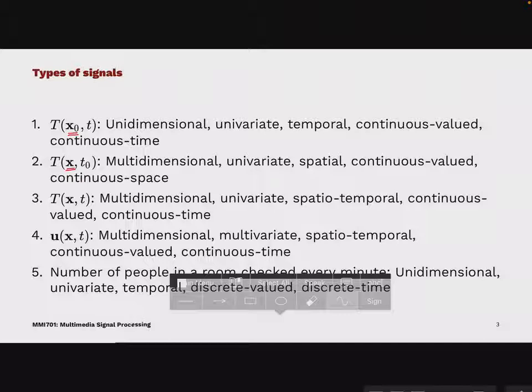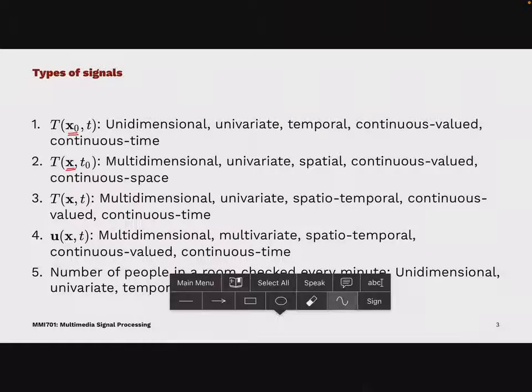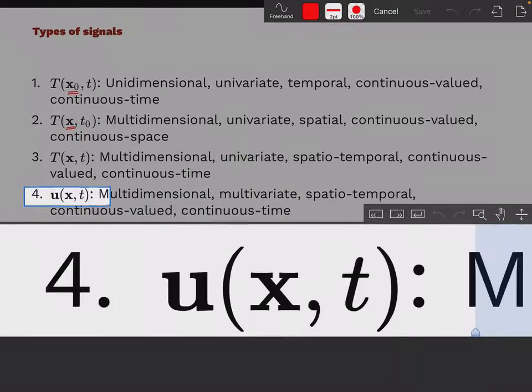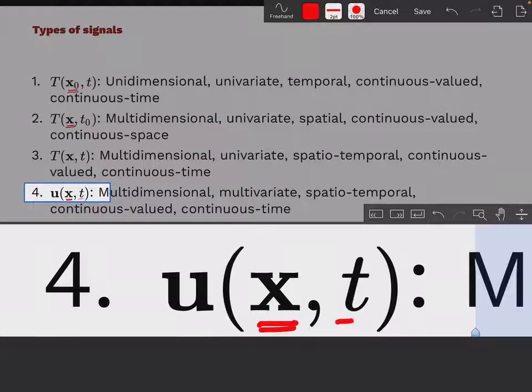And if you're measuring our particle velocity signal at each point in space and at all times, then we have a spatiotemporal signal which is continuous valued, continuous time, and it's multidimensional and multivariate. By the way, in this course I'm going to use bold-faced letters, bold-faced math, for vectors. So when you see a bold-faced letter, it means it's a vector or a matrix.